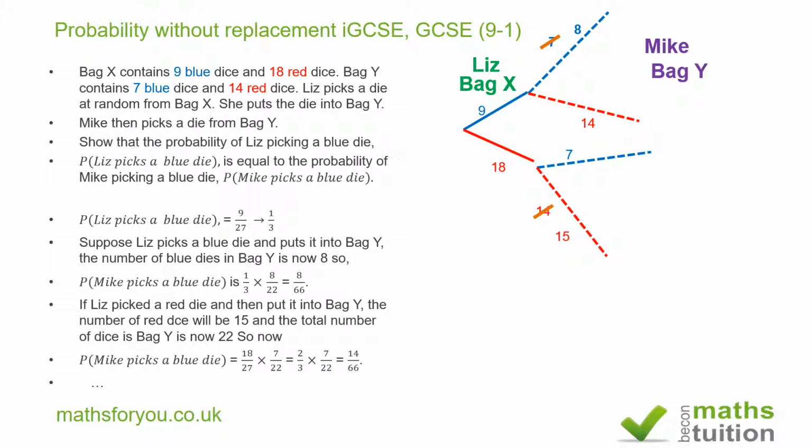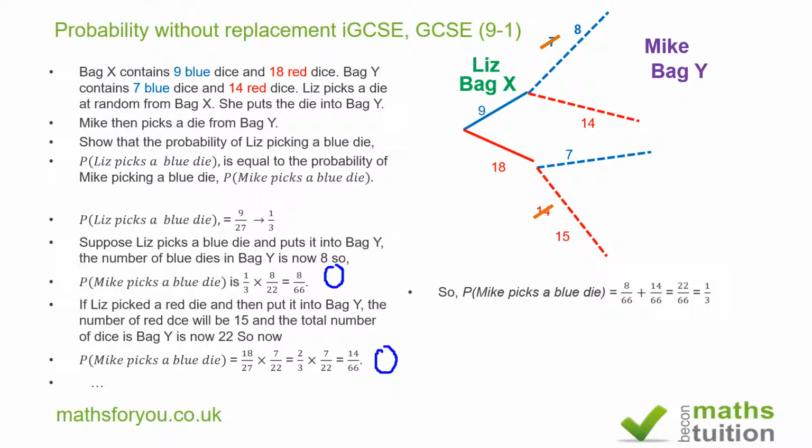Now, altogether, the probability of Mike picking a blue die will depend on whether Liz picked a blue die, which is there, or Liz picking a red die and then putting it into bag Y, and then Mike picking a blue die, which is this one here.